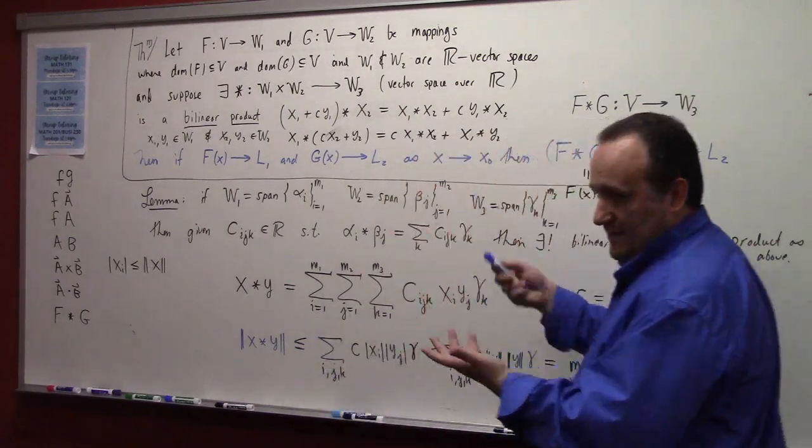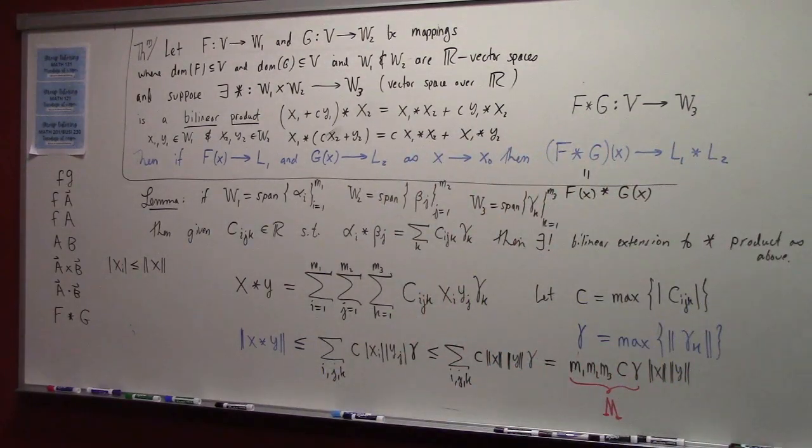It says if you have a product like this, it's bounded by M. The lemma simply says there exists M greater than 0 such that the norm of x times y is less than or equal to M times the norm of x, norm of y.